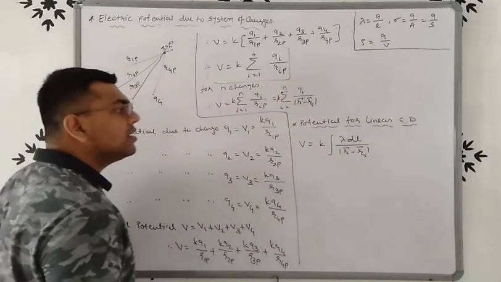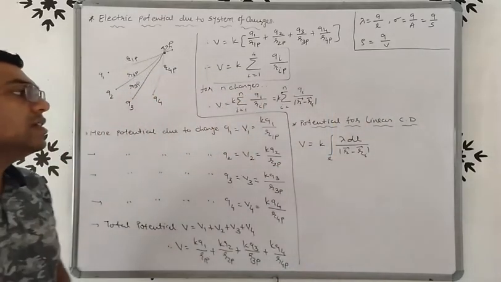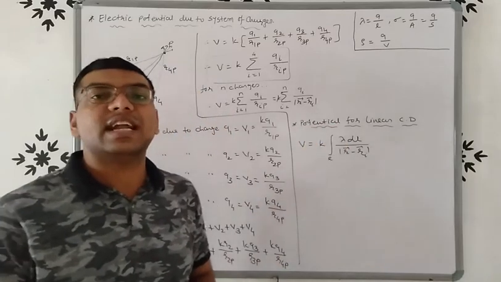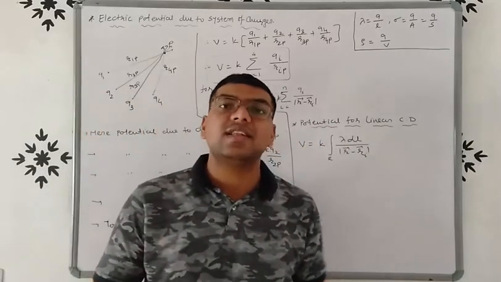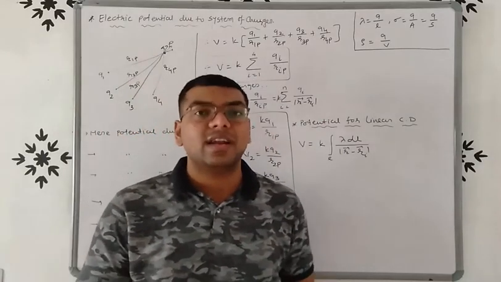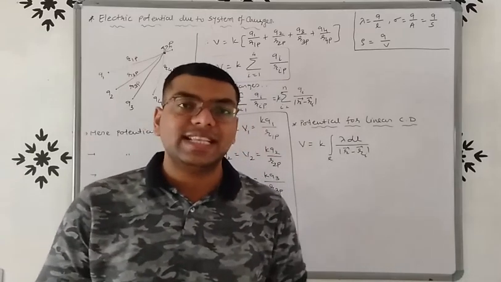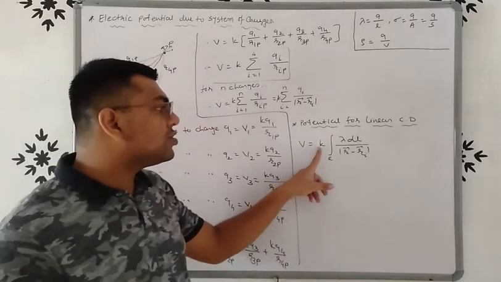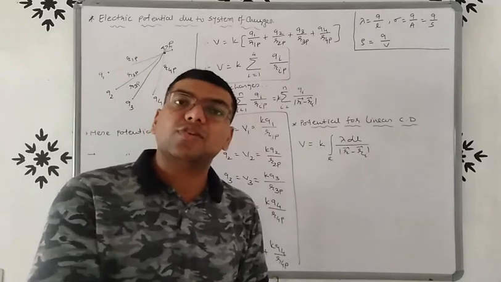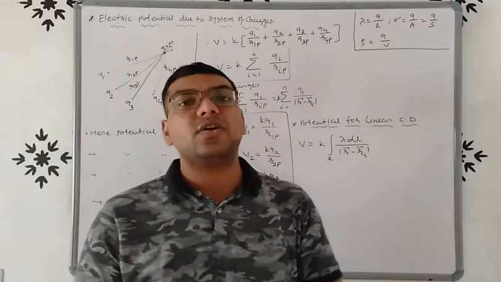Right? Here there is a linear integral. So for the equation of potential for the linear charge distribution, from the formula of potential we know that V is equal to kq by r. But to find out the total potential, we have to integrate this. So V is equal to k. We know the formula V is equal to kq by r, but to find out total potential we have to consider an element of charge.